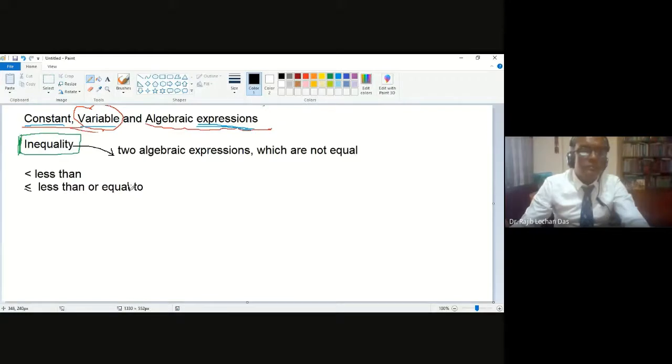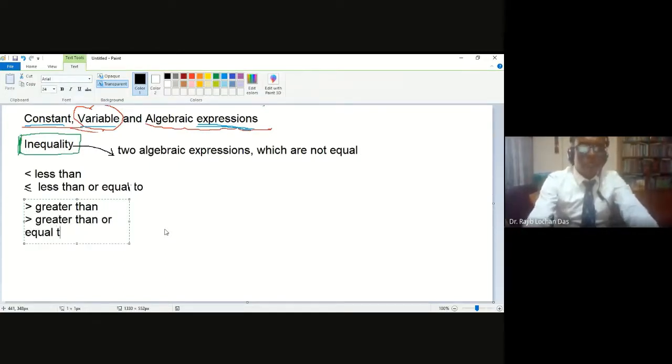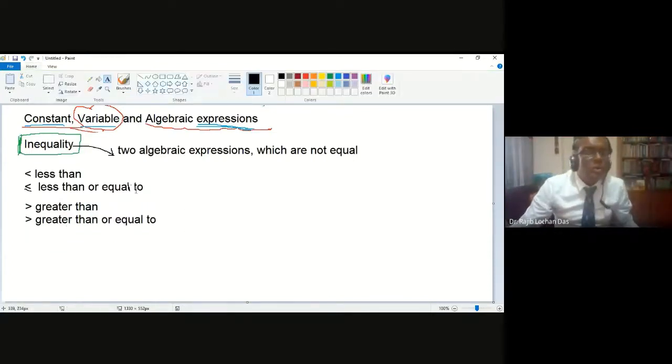And maybe greater than or equal to, or only greater than, that are the inequality.